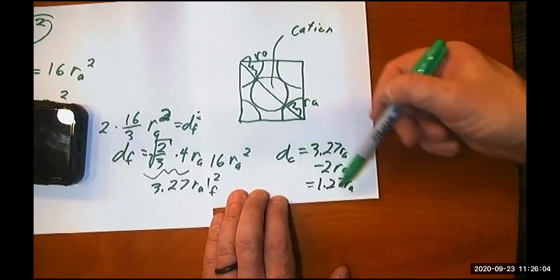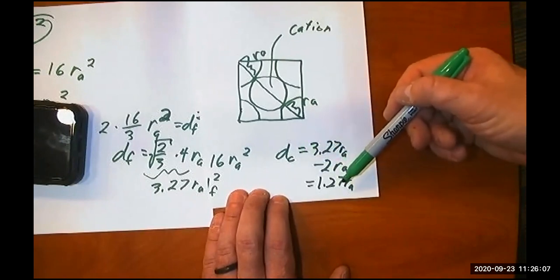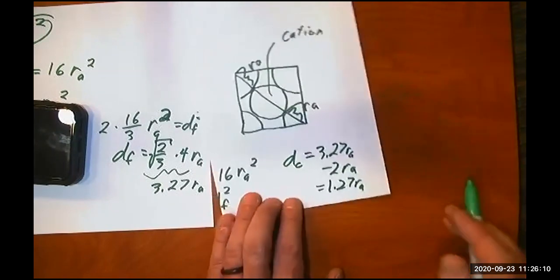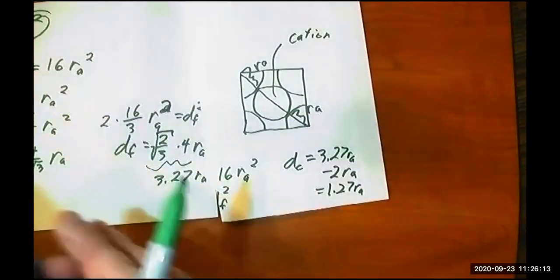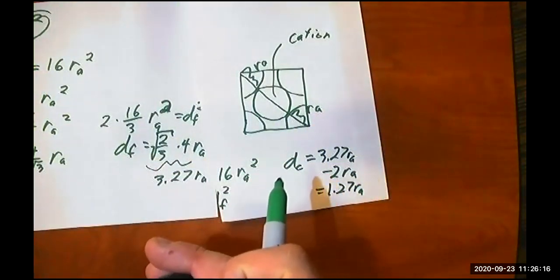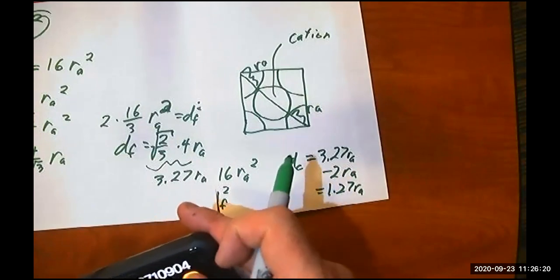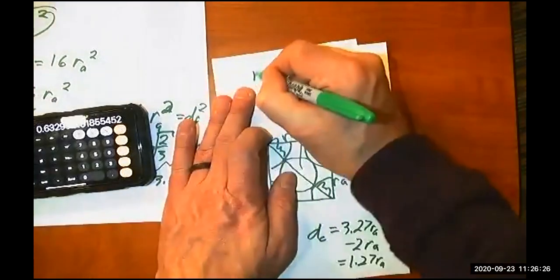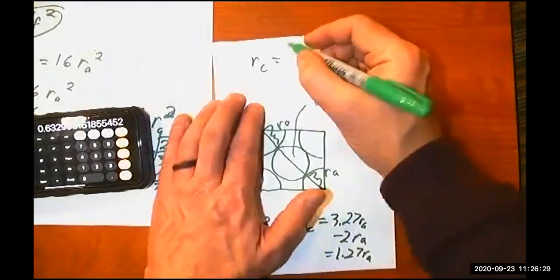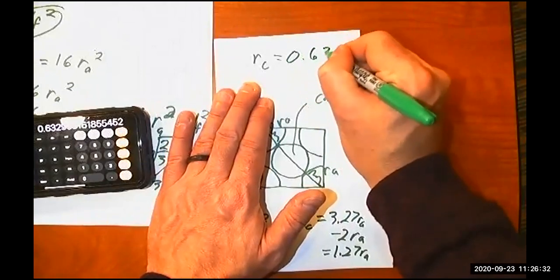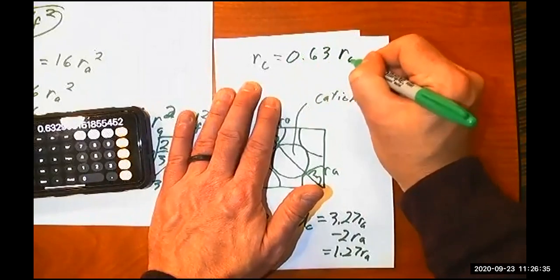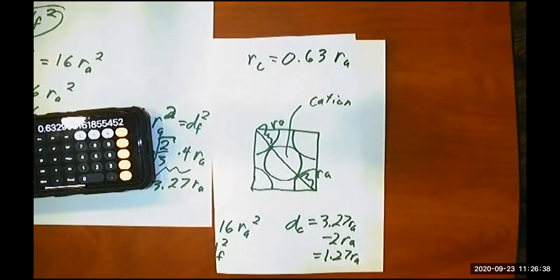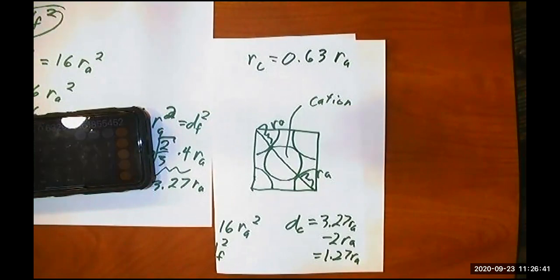And so if that is the diameter, the radius is just half of that. So I subtracted 2 and then divided by 2. So the radius of the cation that we have there is going to be 0.63 times r_a. So the cation that would fit perfectly into that spot would have a radius that is 63% of the radius of the anion.